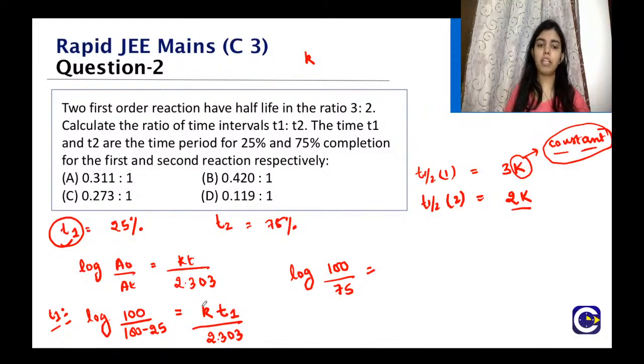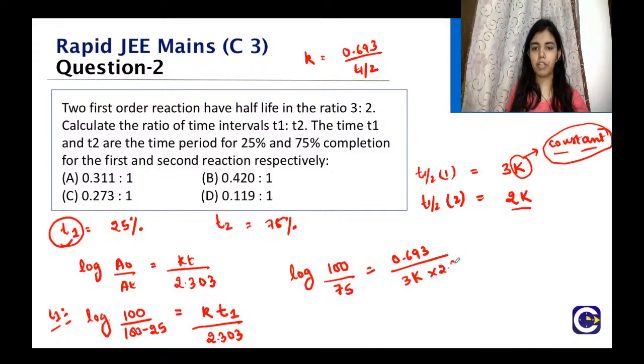Now what is the value of k here? For a first order reaction, k equals 0.693 divided by T half. So you can put the value of T half from here, that is 3K. So it will become equal to 0.693 divided by 3K, capital K, into 2.303 into T1.